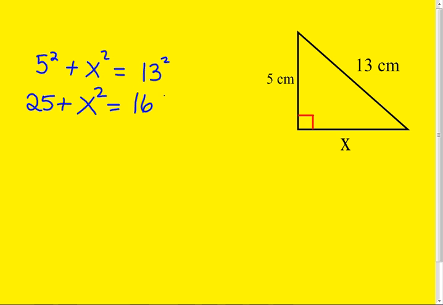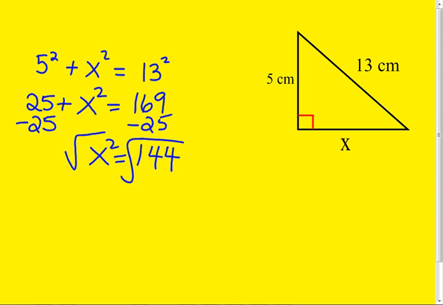Good call. So x squared equals... Lindsay, what's 169 minus 25? 1. 6 minus 2 is 4. 9 minus 5 is 4. Can we do that one?